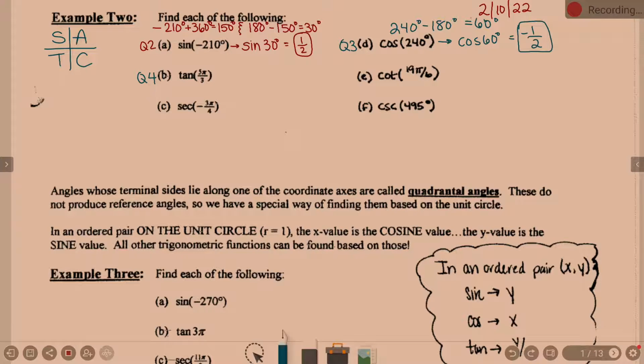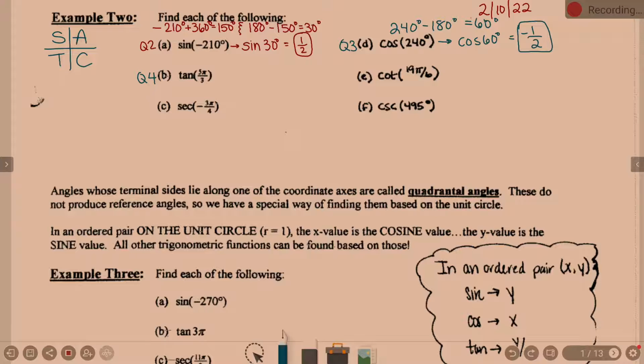So I need this to be a reference angle. I need this to match up with our pi over 6, pi over 4, pi over 3. It's closest to what we would normally say is 360, yes? But what is 360 in radians? 2 pi radians. So we need to take 2 pi radians and subtract it. Now, what is 2 pi in terms of thirds? 6 pi over 3.